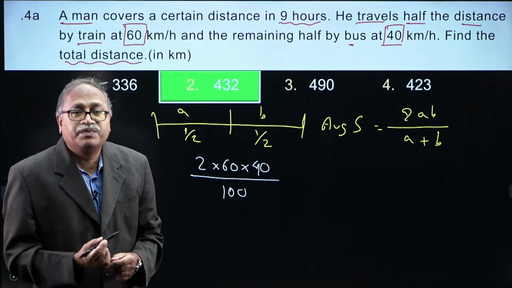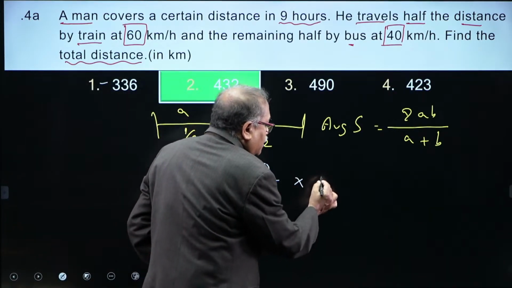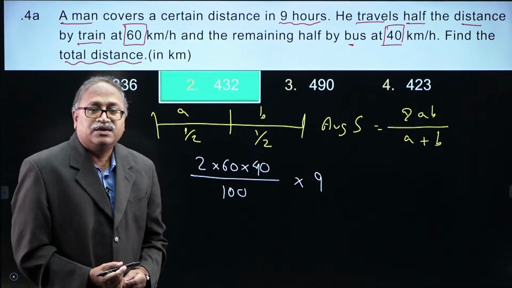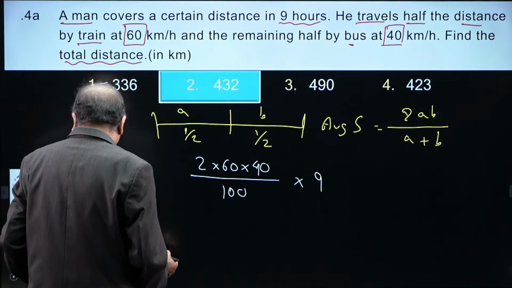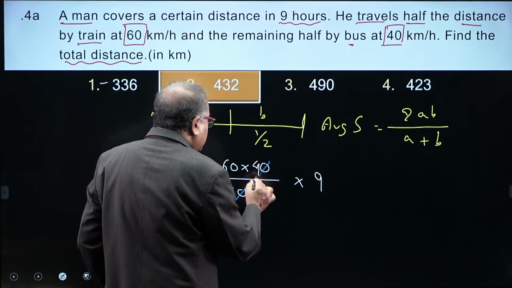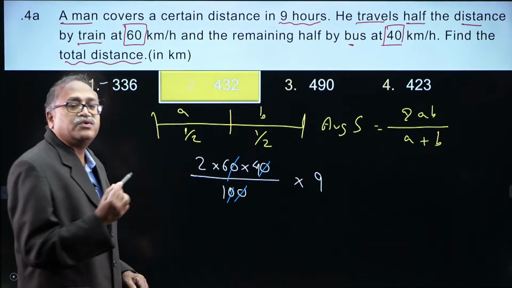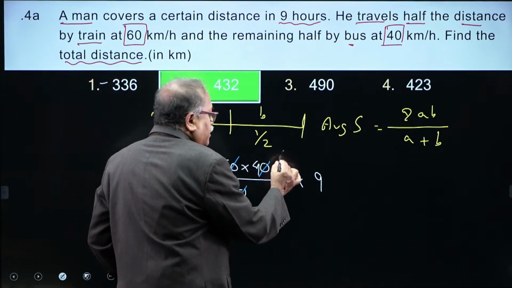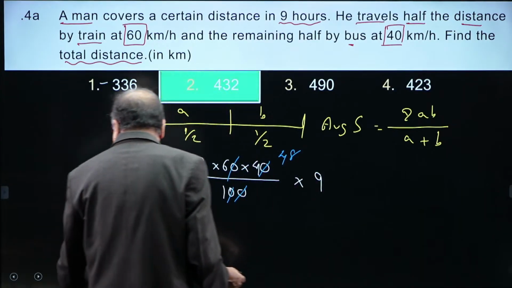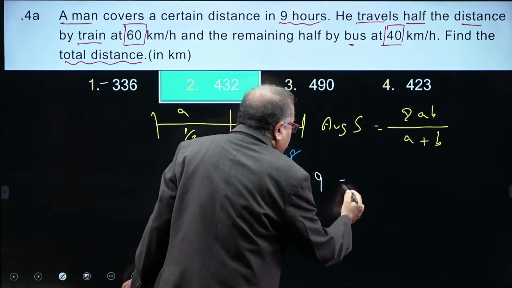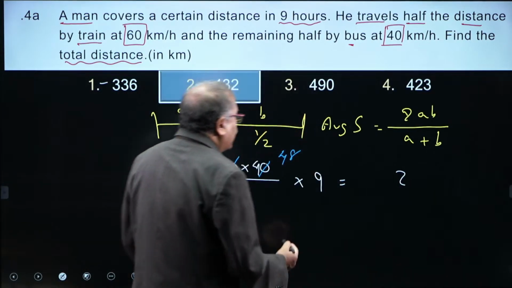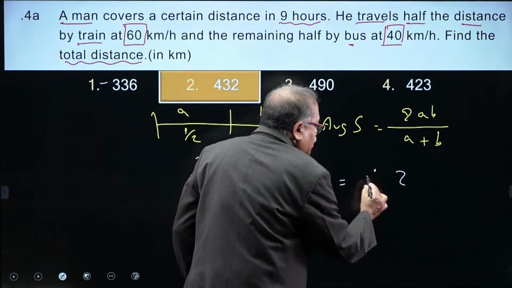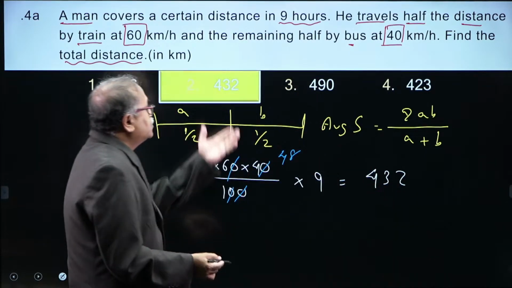This is the average speed, and into time that will give us the distance. That is as simple as this. So, let us cancel this one, and 6 4 24, into 2 is 48, and 48 into 9. Okay, let me write down this part. So, that is 9 8 72 carries 7 and 9 4 36 plus 7 is 43. So, you are right.